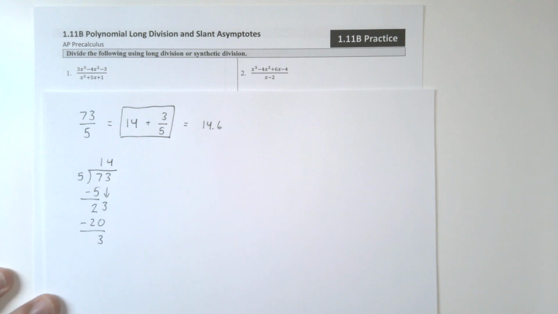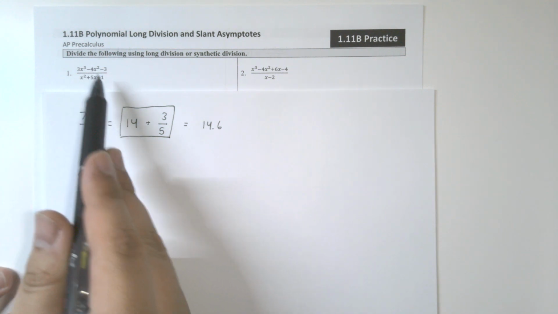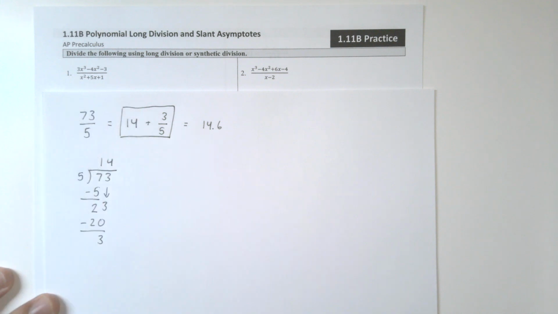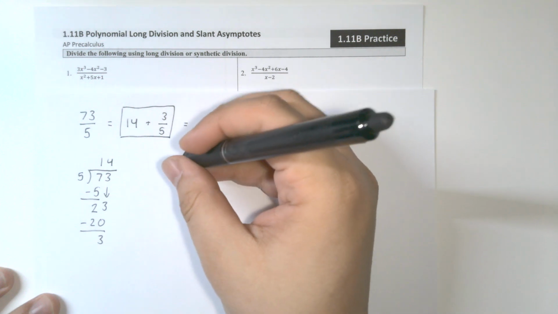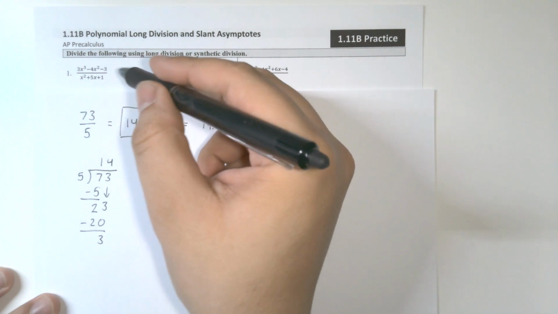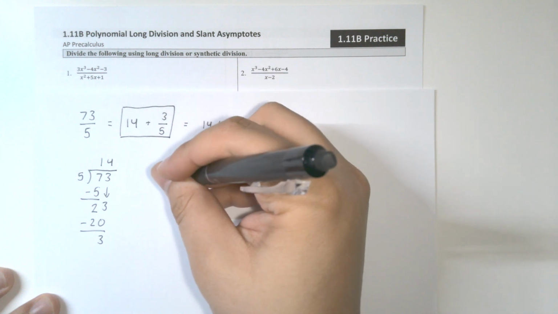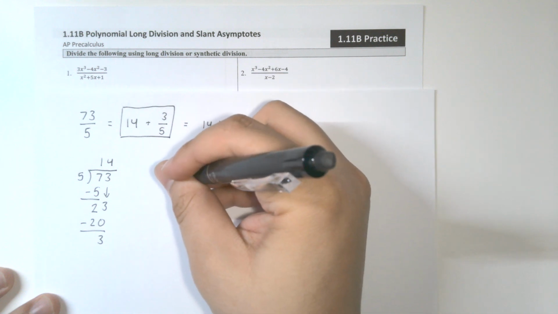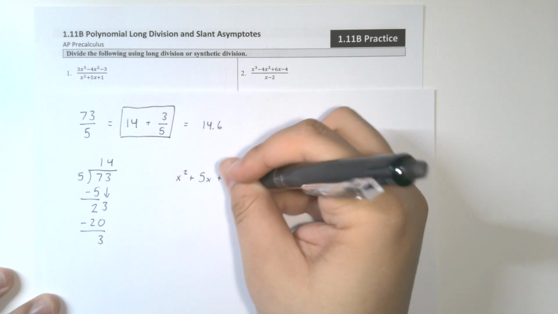And so, pretty similarly, if we're dividing out these two polynomials, the one on the bottom is going to go on the outside. So we have x squared plus 5x plus 1.